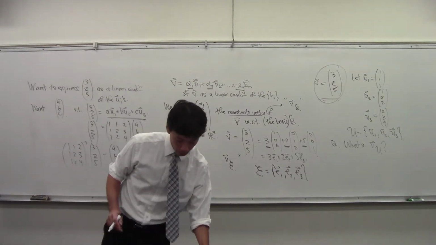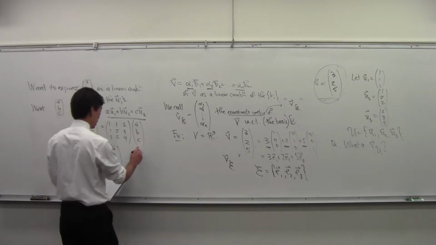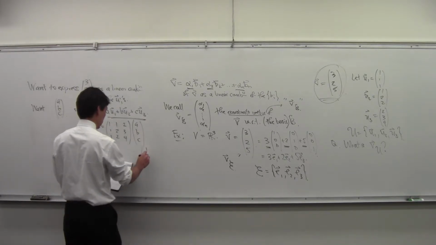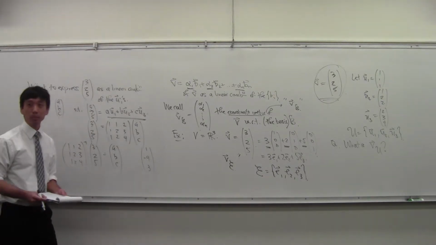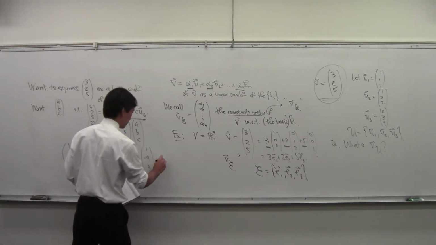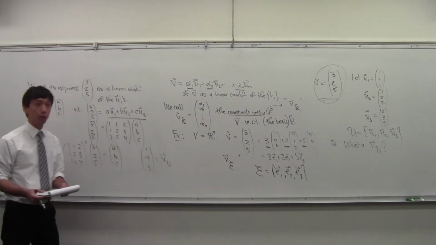It turns out that A, B, C is going to be 1, -4, 3. I'm not going to do it, you can do it. So that's the coordinate vector of V with respect to the U basis.